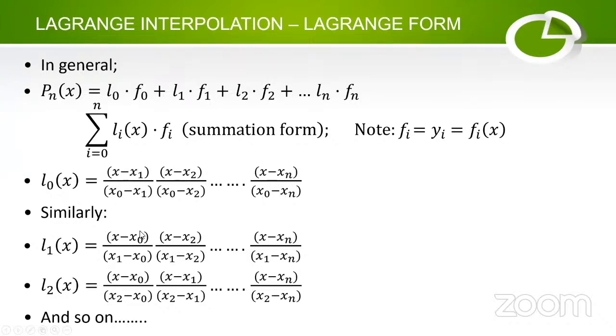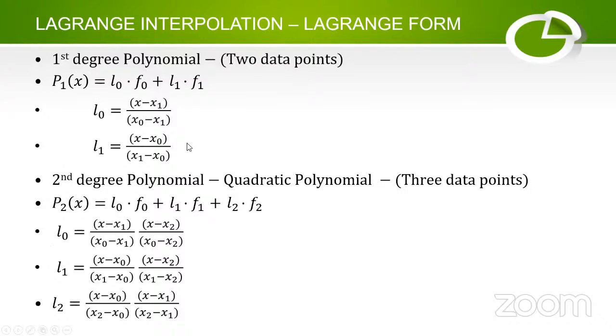Again, if we start solving problems, we also get a better appreciation of it. So let's consider it one after the other now. For the first degree polynomial, our Lagrange formula P1 of x, we have two data points. That is, we're going to have x0 and x1. We always start with our data points from x0.